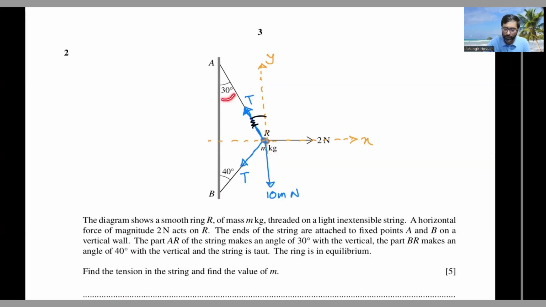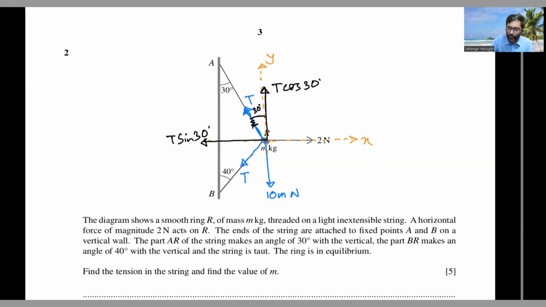This 30 degrees, this 30 degrees. These two angles are alternate, so these two angles equal 30 degrees. Now resolve T: the vertical component of T will be T cos 30 because the angle it makes with the vertical is 30. So the component along the vertical is T cos 30 and the horizontal component is T sin 30.